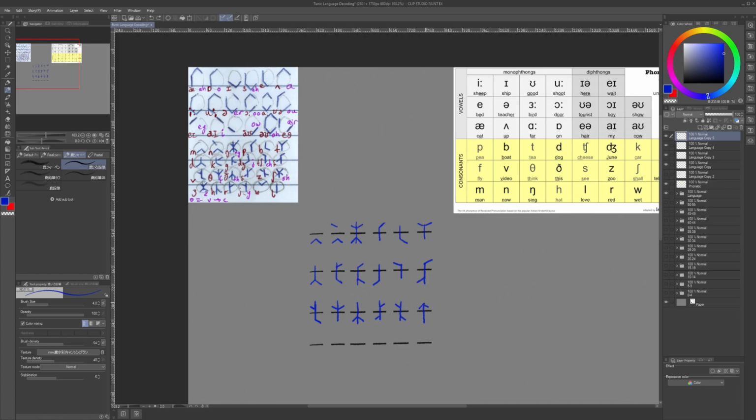This one's just a wild symbol. They do kind of look like the letters though, which is helpful. Sort of remember them.